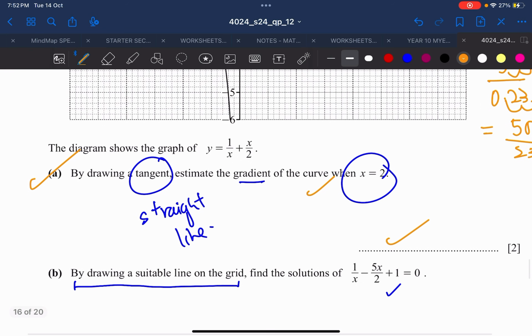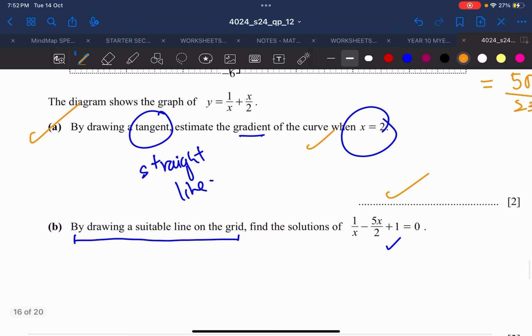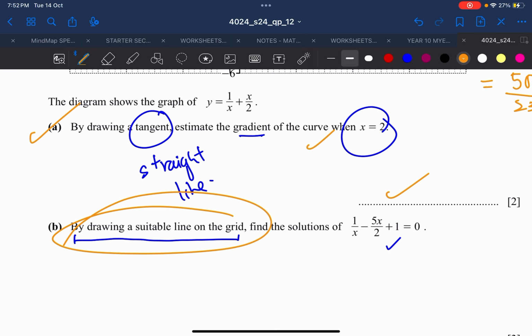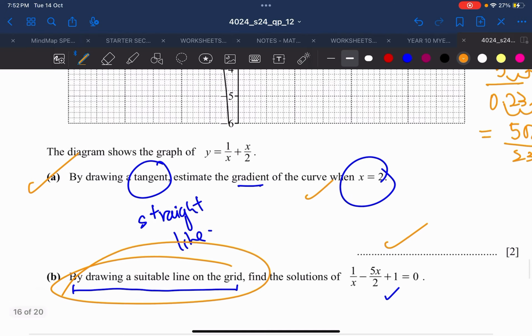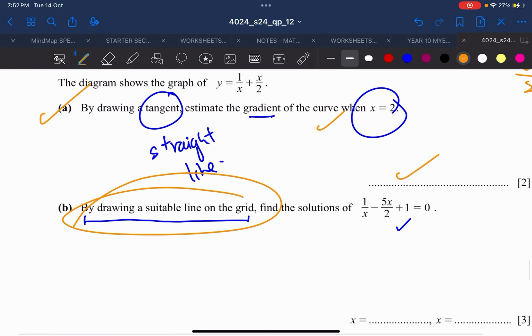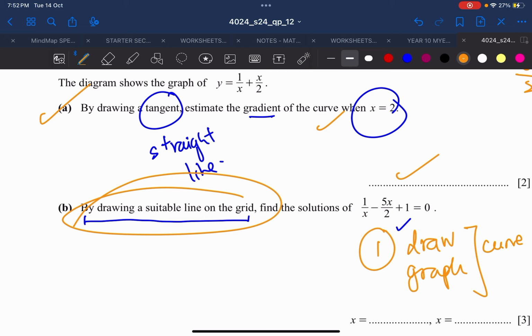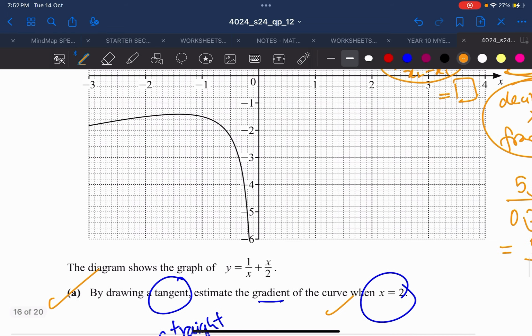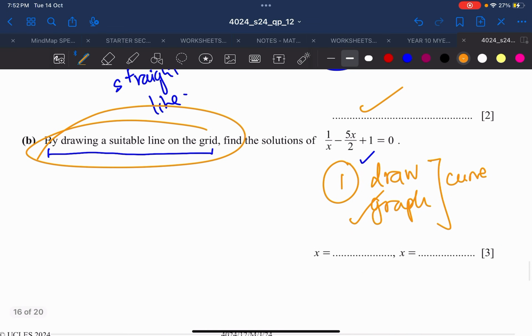Okay, and then our B is by drawing suitable lines. So this is the method yang mau. Now, memang every single time, paper 1 or paper 2, first, ia akan suruh kita ni draw graph. Kalau draw graph ni, memang curve. Okay? Most of the time lah. Kalau paper 2 ia draw graph, in this case ia sediakan sudah kita ni punya curve, so dia payah drawing.